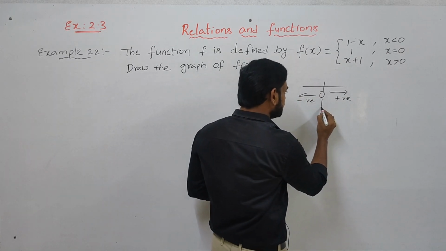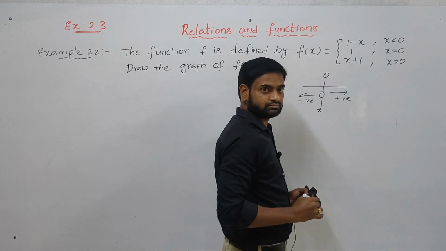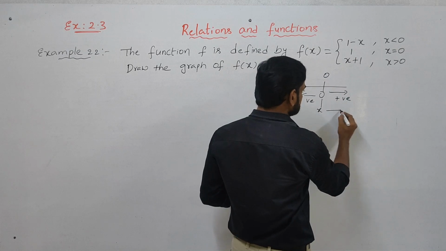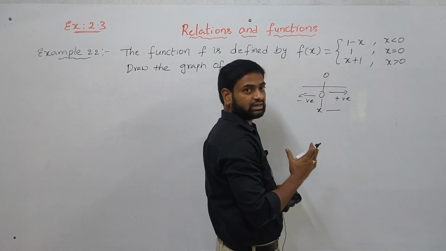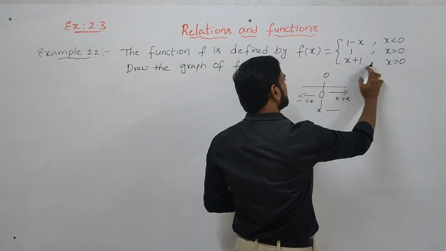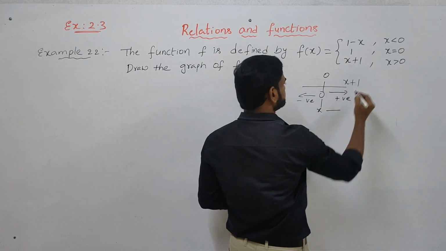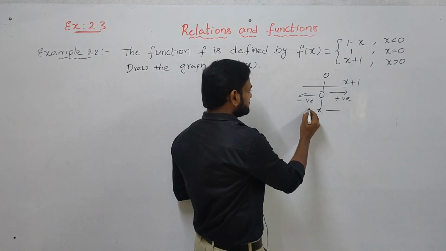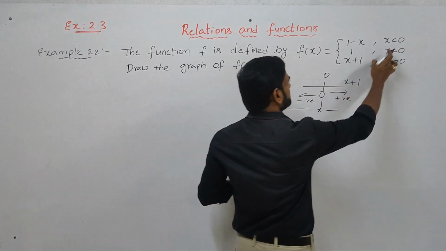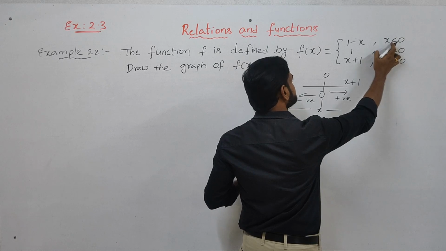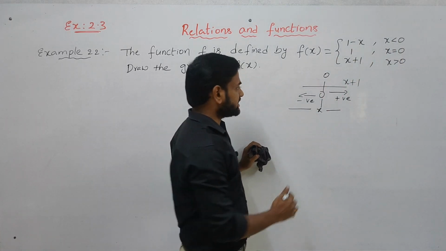So when the x value is 0, then the f of x value is 1. When x is on the positive side, if we take a positive x value, which function do we take? When x is greater than 0, greater than means positive, then we take x plus 1. When the x value is negative, that means x less than 0, then we take the function 1 minus x.